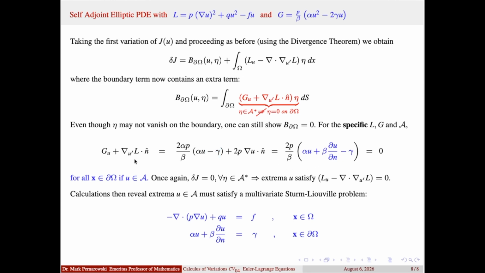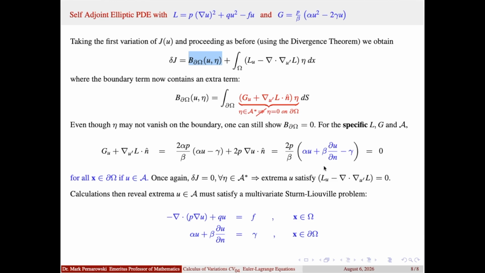So this thing here is this thing here. But if u is in the admissible set, the thing I'm highlighting vanishes because the first two terms equal gamma on the boundary. So once again, we have that the first variation for all etas satisfies this thing vanishing, because I've just shown that that's gone.